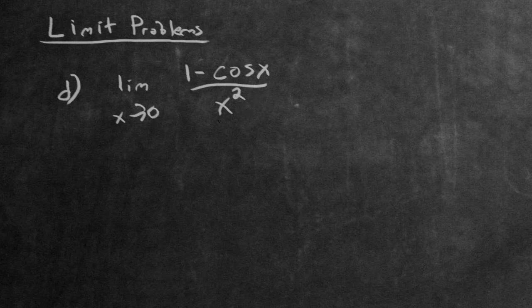If we were to use the difference of squares, because there is no trig identity exactly like this, but if we had, for instance, 1 subtract cosine squared x, then we could be in business. Now, if we were to do that, it would be 1 add cosine x. We're going to be multiplying the top and bottom by this.